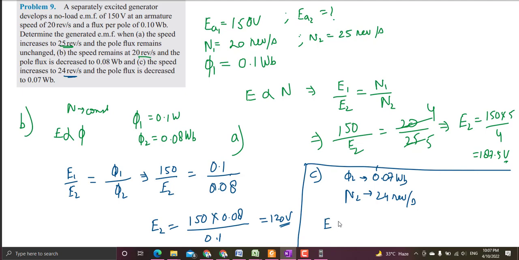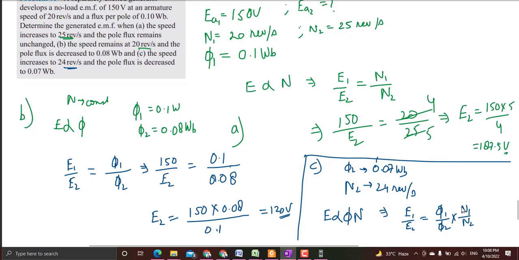So here both are changing, so I can write generated EMF is directly proportional to phi into N. So I can write E1 by E2 is equal to phi 1 by phi 2 into N1 by N2.